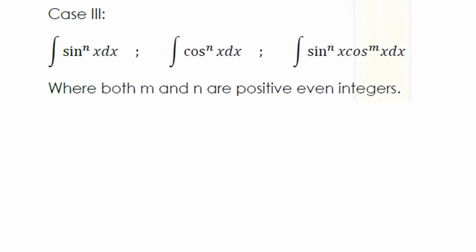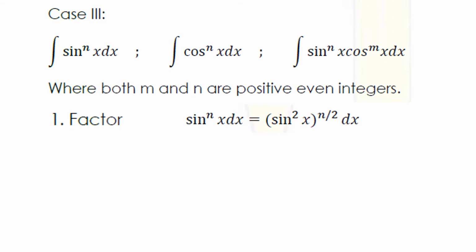Let us proceed to case 3. For case 3, this will be integrals involving still sine alone, cosine alone, or together with a sine and a cosine. The condition now, both m and n are positive even integers. So if both will be even, we have a different method.